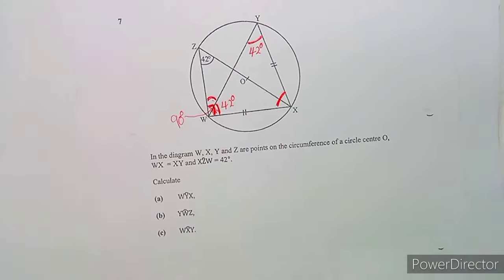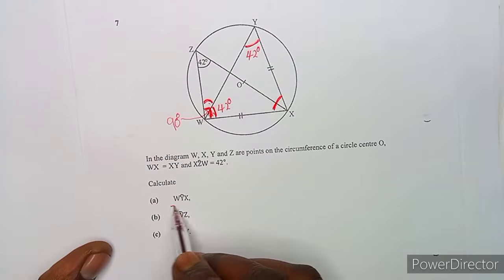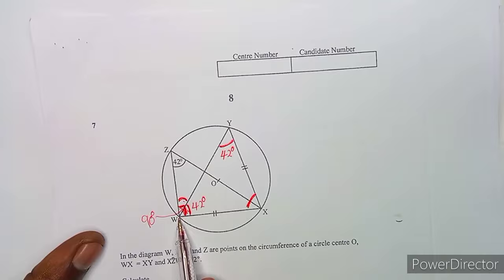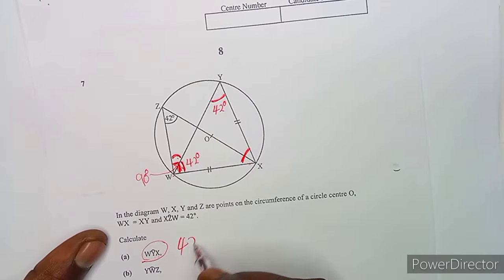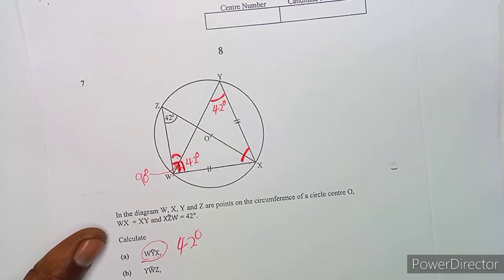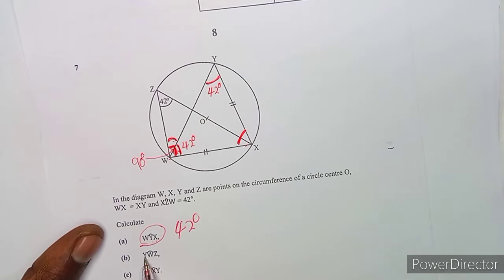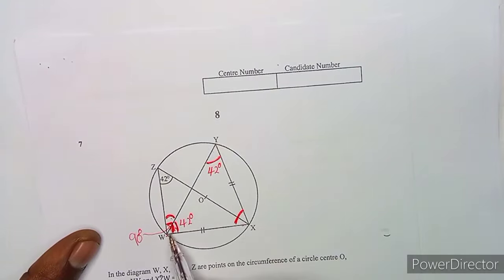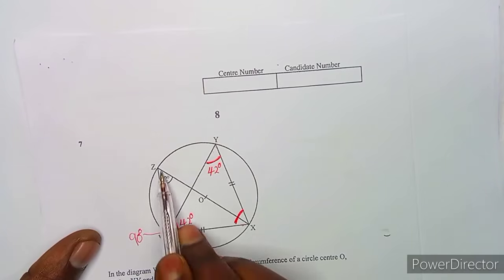Okay, anyways, let us see what we have. Calculate WYX. Already we calculated this one. We say this one is 42. And we move on to YWZ, which is YW back to Z, this one.